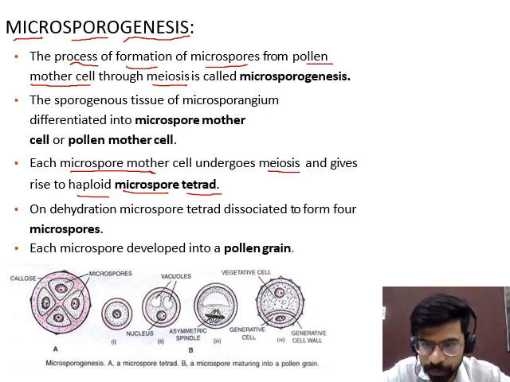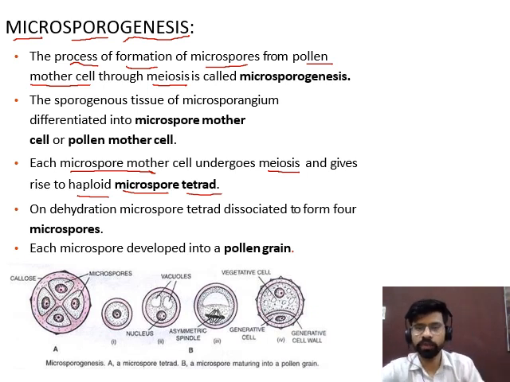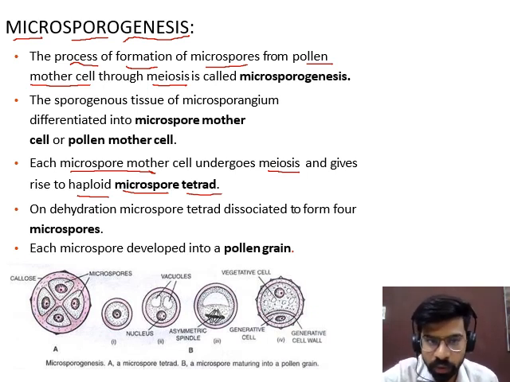So both sperm and egg are haploid in nature. Same in plants, the male gamete has half the number of chromosomes of the parent plant. So here meiosis maintains the chromosome number in the plants.